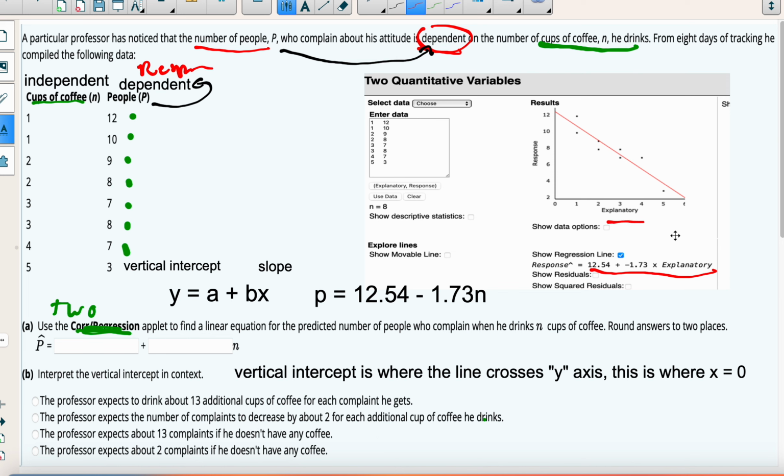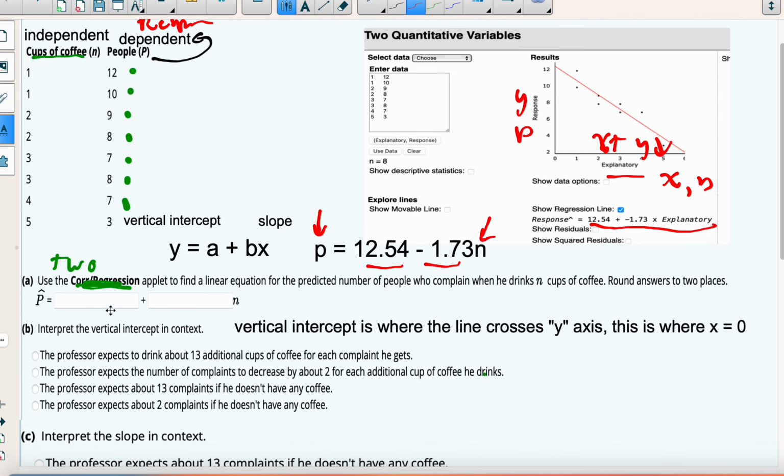Our explanatory variable is our X, and our Y. In this case, it's our N and our P. So this line represents the number of people who complained is equal to 12.54 minus, the slope is negative, as X increases, Y is decreasing. So that makes sense, negative slope, times the number of cups of coffee.